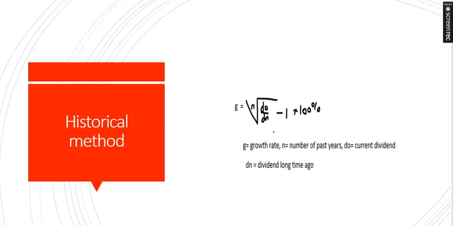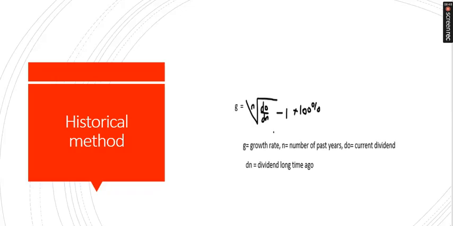Next is the historical method. You can calculate growth rate using historical method, which says G equals the Nth root of D0 over Dn, then minus 1.